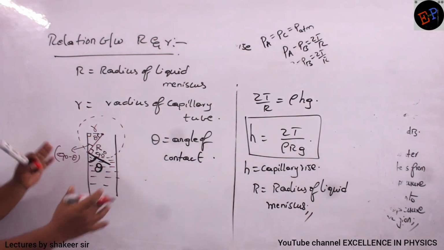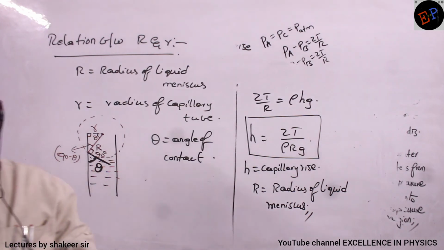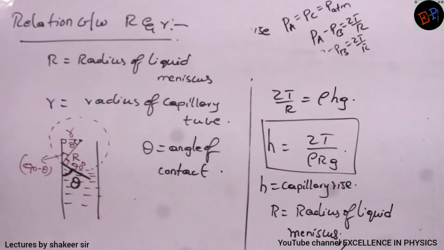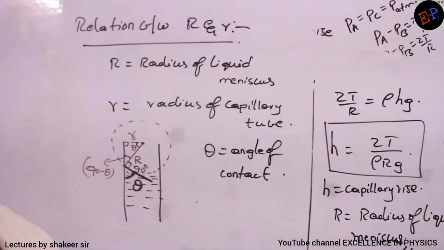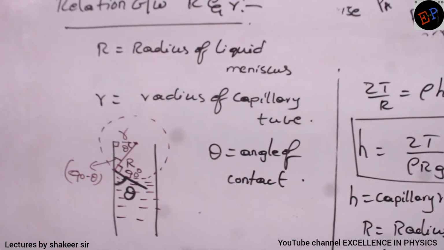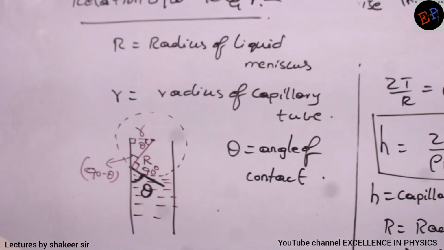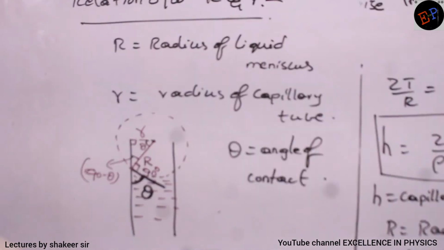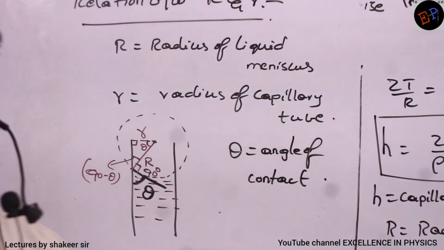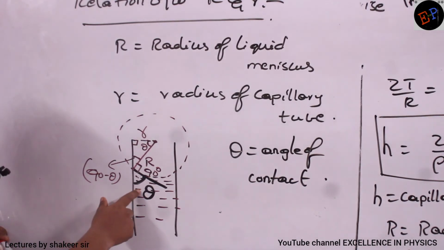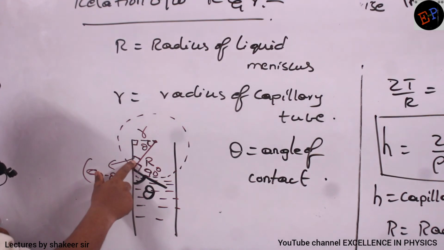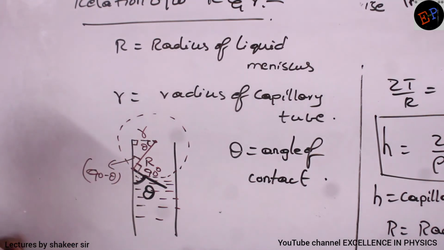Draw a bigger picture of that so that you can understand what is happening. Clear what is happening? So this is theta, 90, 90 minus theta, 90, theta.